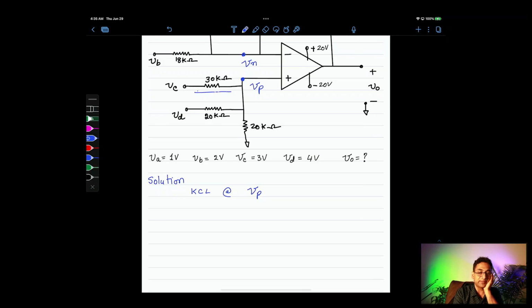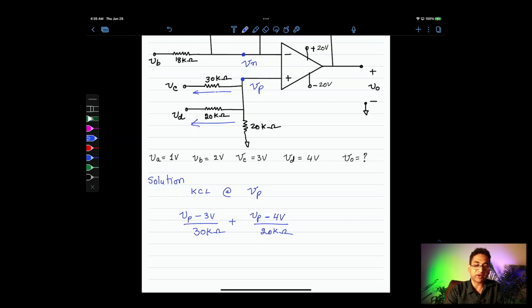The current going in this branch is Vp minus Vc, which is given to be 3 volts, divided by 30 kilo ohms, plus the current going in this branch, Vp minus Vd, which is given to be 4 volts, divided by 20 kilo ohms. And don't forget this branch over here.